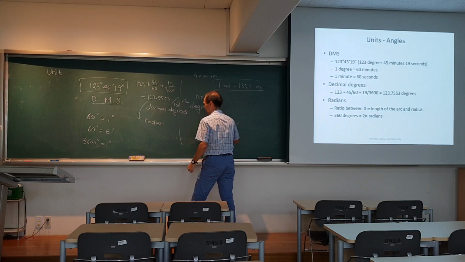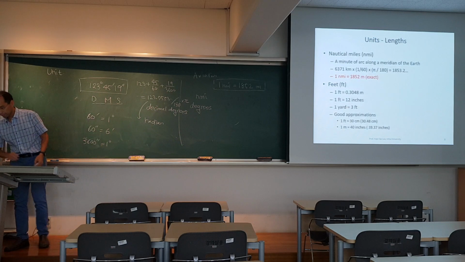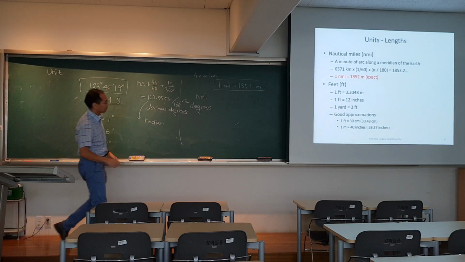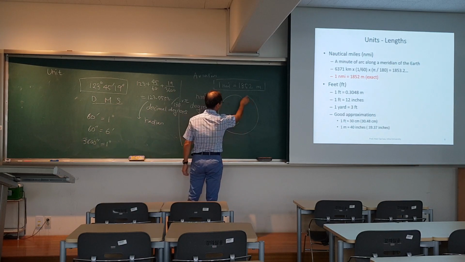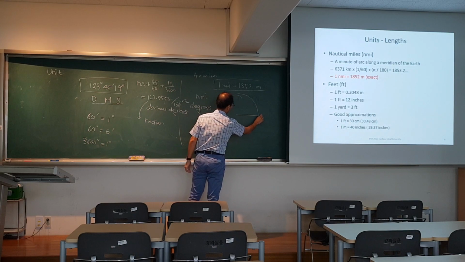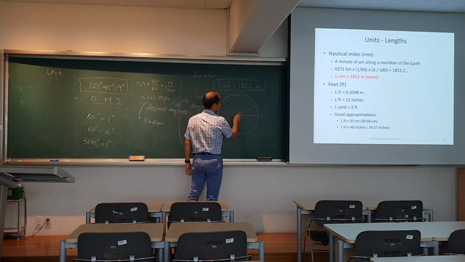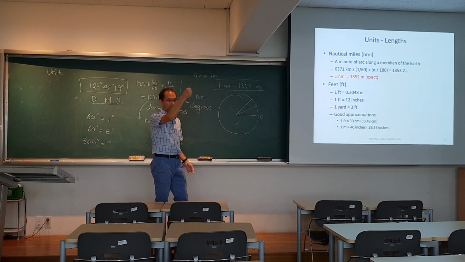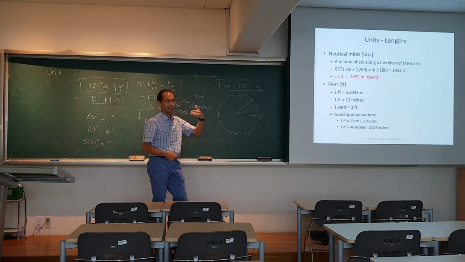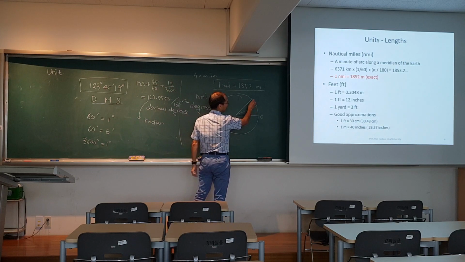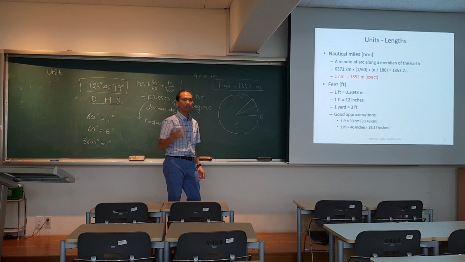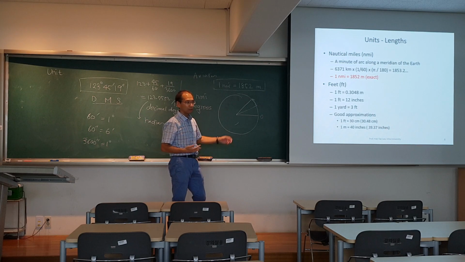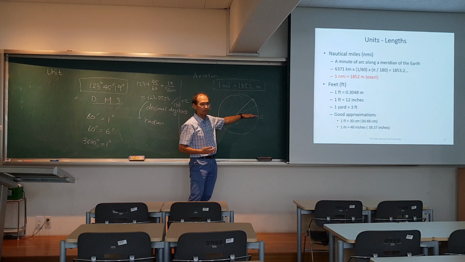Now, again, this is the Earth, this is the equator. Let's say your longitude is fixed and only your latitude changes. The distance you go north with 1 degree of latitude change will be the same anywhere. It's going to be the same at the equator, and the same at a 30-degree latitude.